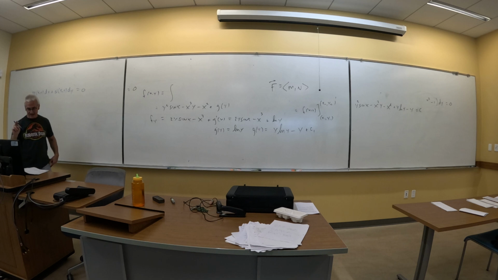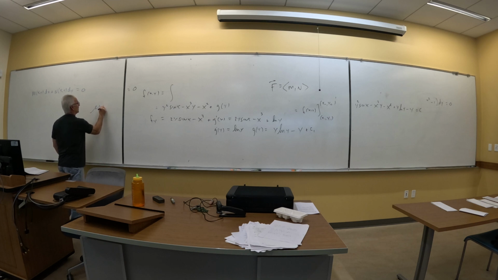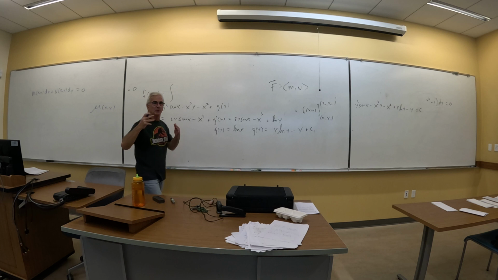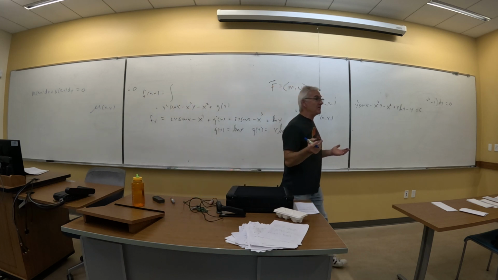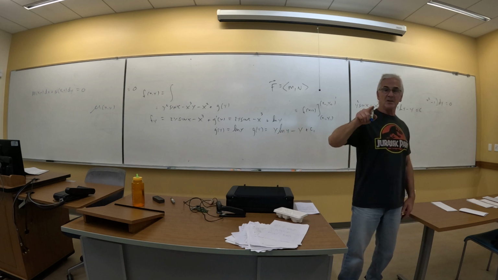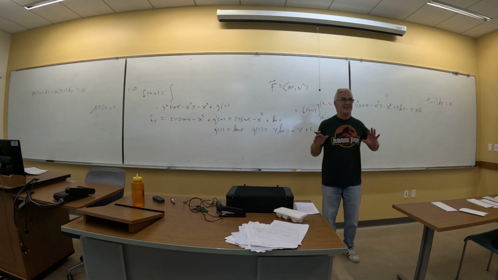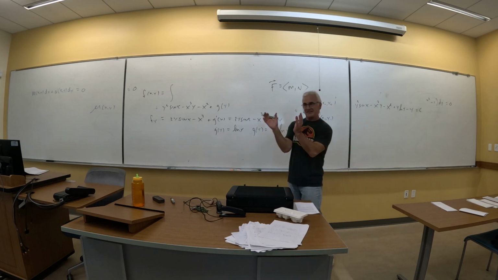But we're going to cheat first, okay? We're going to pretend that our integrating factor mu is a function of x and y for the purposes of being able to set up an equation. In the end, mu is not going to be a function of x and y. In the end, mu is going to be a function of x or y. But we set it up this way so we can get a series of equations.